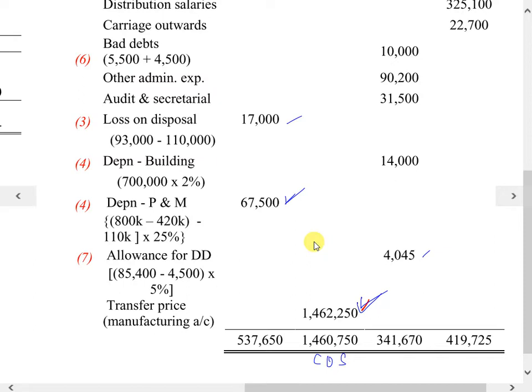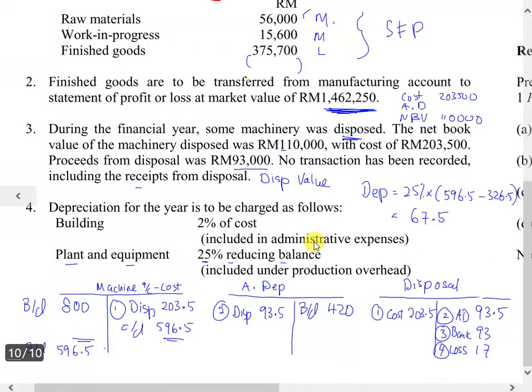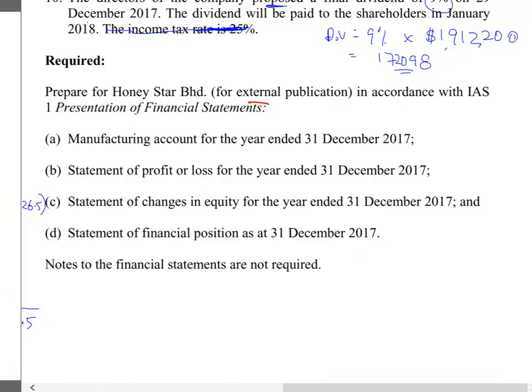We take out also the net book value 110. So this is the net book value before disposal. We dispose of 110 net book value for 93. Take out the net book value. We times with 25 depreciation. This way faster. Okay, not? Depreciation done. Disposal done. Of course, we got building 2% on cost. This one no issue. Go to admin. Okay. Next.